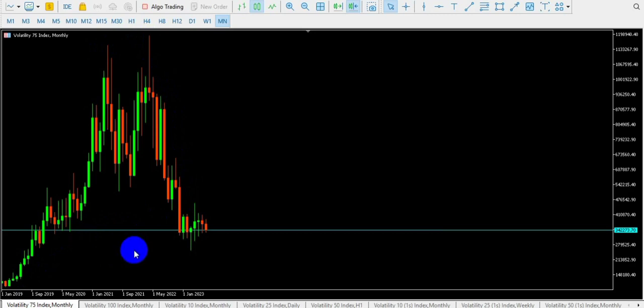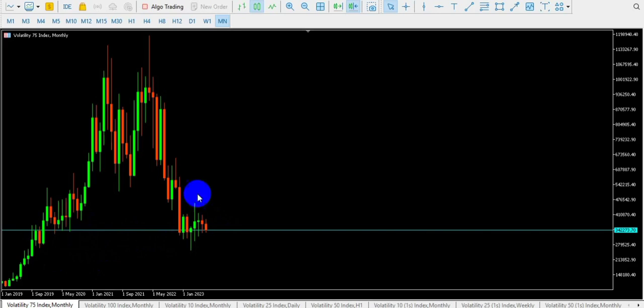Because the algorithm is seeking down for the higher time frame, the monthly discount array, the algo's bias will be hunting for bearish setups in all lower time frames to execute short positions to continue pushing price lower until the PD arrays are met.